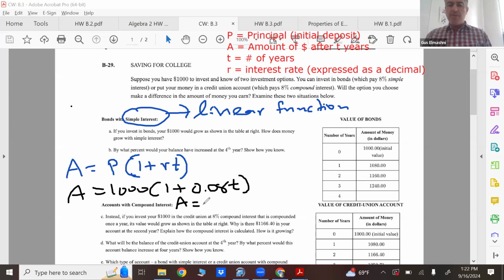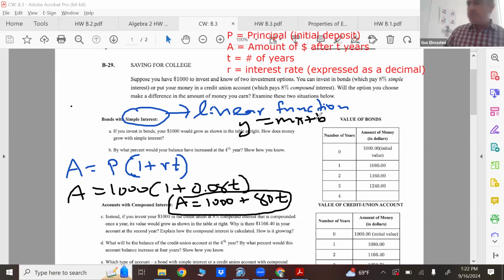If I distribute the 1,000 inside, what do I get? I get 1,000 plus what? Yeah, whatever 1,000 times 0.08 is, which is 80, by the way. Okay. Do you see how this is very similar to y equals mx plus b? This is the connection I need you guys to make.